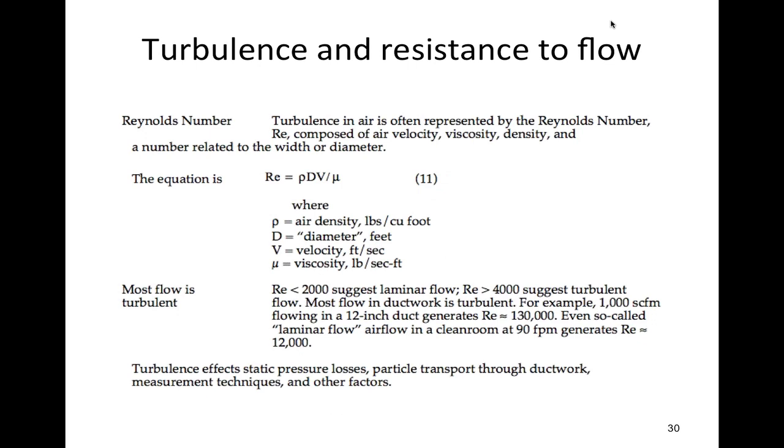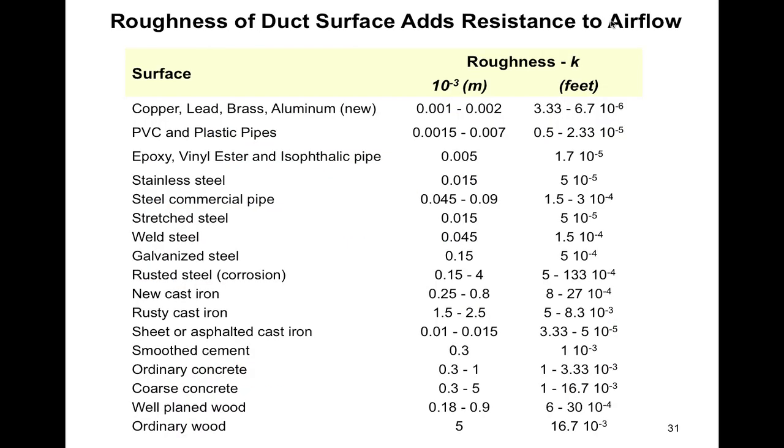A clean room duct that uses very low velocity air, 90 feet per minute, if you do the calculation, that number you see above there, that gives you a Reynolds number of 12,000.